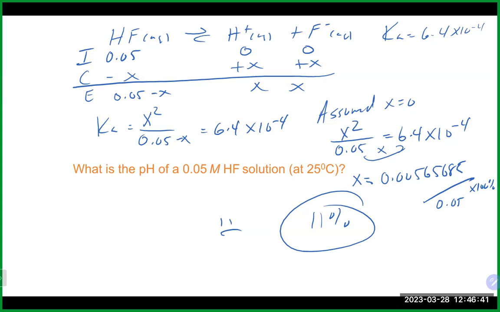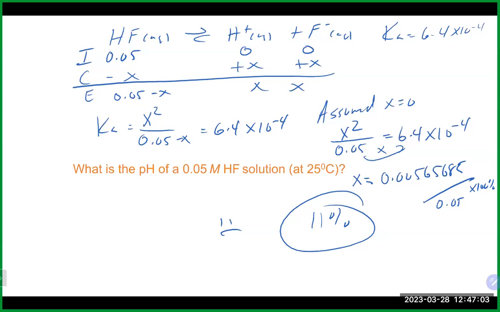So this is a good reminder that you should definitely check your assumption if you make it, because it will not work in all cases, and you shouldn't just blindly go with it in every situation. And also a good reminder that we do not make this type of assumption if the K value is a large value, right? Because that means basically the opposite is true.